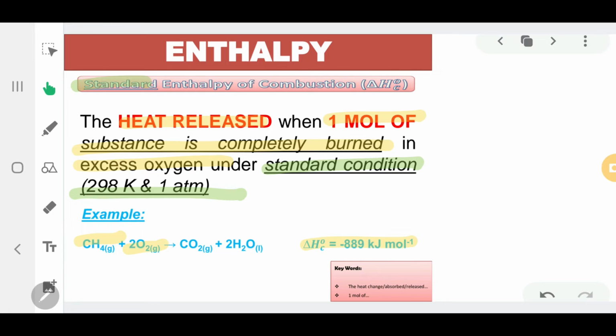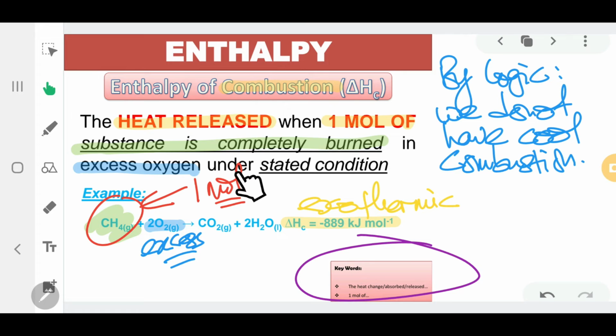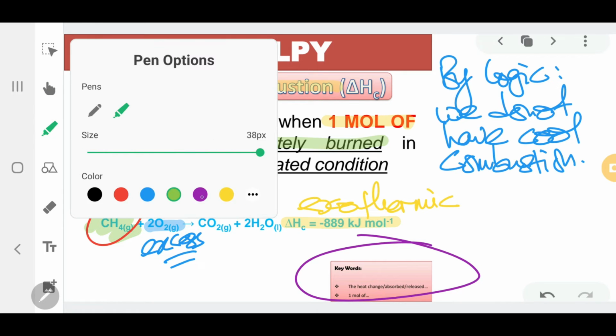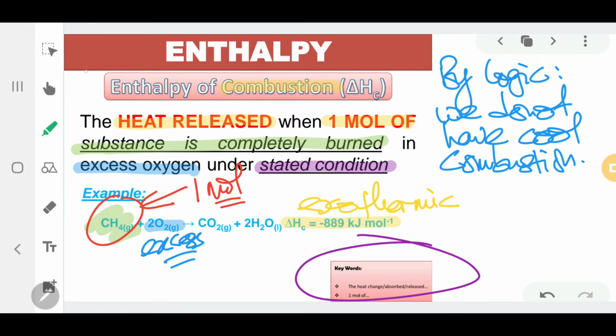If the question asks you to write the definition for enthalpy of combustion without the word standard in front, it's enough to write under stated conditions, because it's just enthalpy of combustion and not standard.